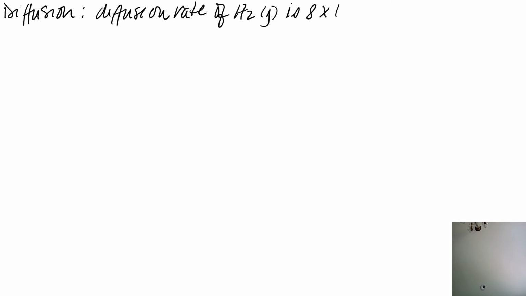And we are told that the diffusion rate of H2 gas is 8 times that of gas X. And we're asked to calculate the molar mass of gas X. Okay.